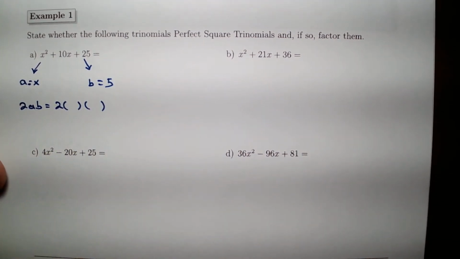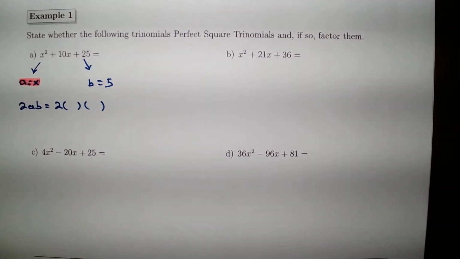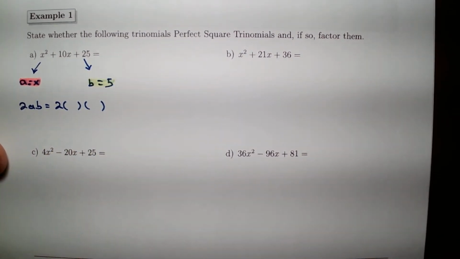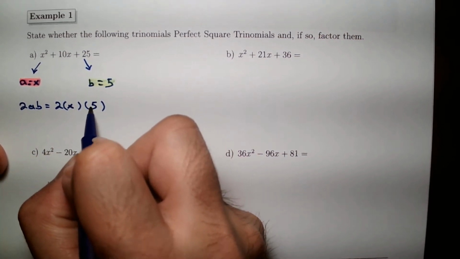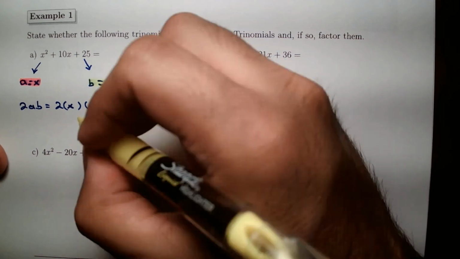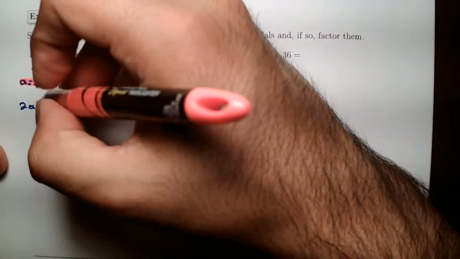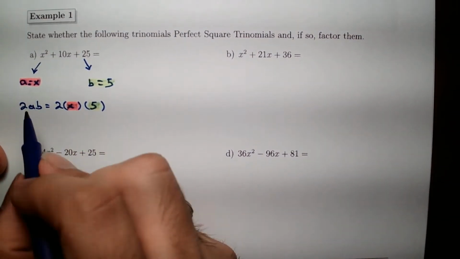Let me use different colors here so you can see what's going on. I'm going to highlight this with pink, this with green, and multiply the quantity a, which is x, times the quantity b, which is 5. So we multiply 2 times x times 5.